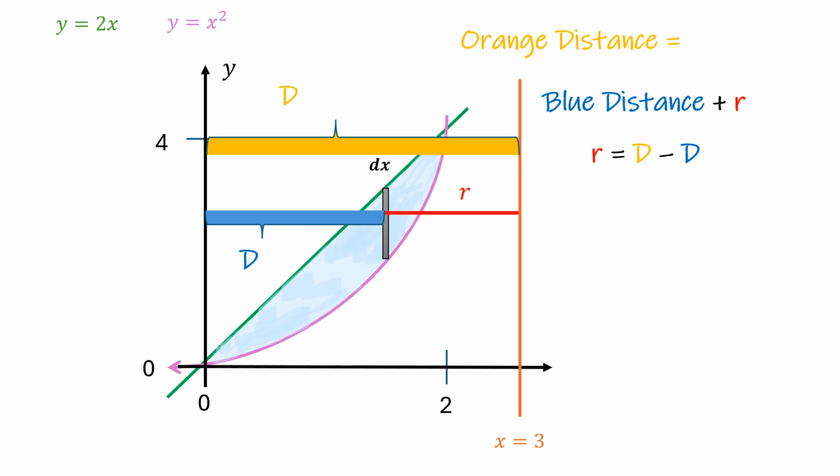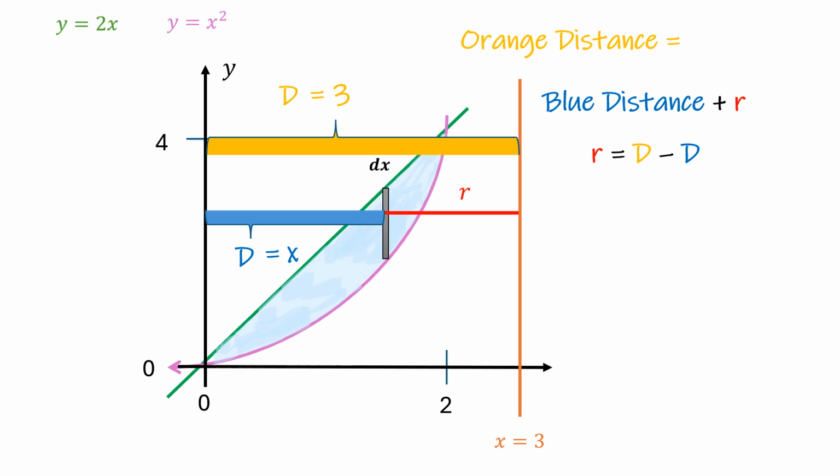So let's find those lengths. The orange length is 3 because it is the distance from x equals 0 to x equals 3. And that blue length is just equal to x because it goes from the y-axis to the rectangle.